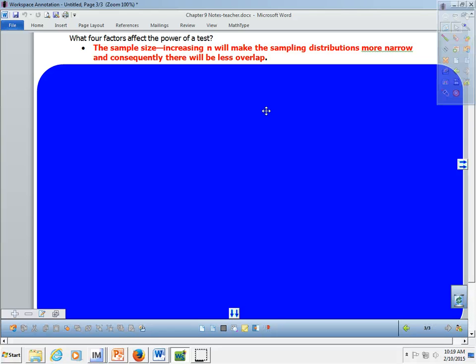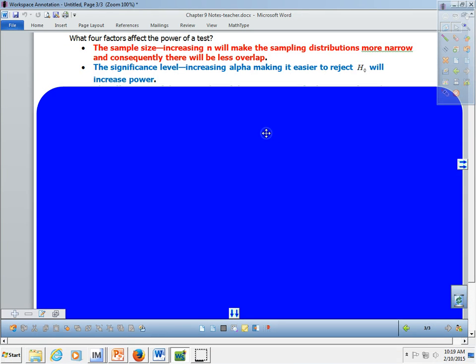And we're going to take a look at an applet in class that will explain that a little bit more, okay? But as sample size increases, then it will increase the power of a test, okay?